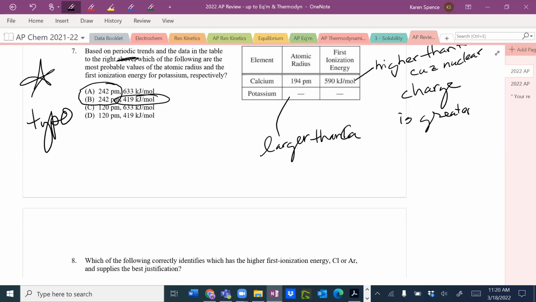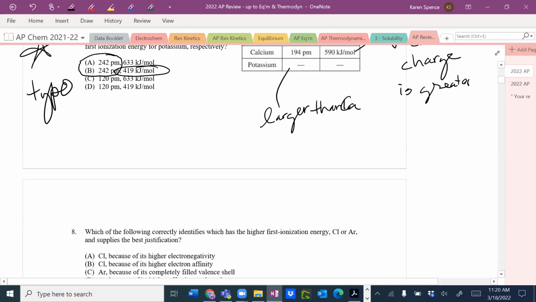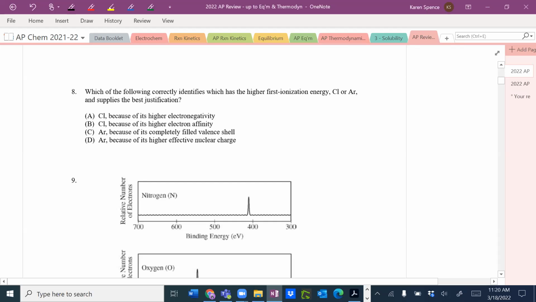All right, number 8. Which of the following correctly identifies which has the first higher ionization energy, chlorine or argon, and supplies the best justification? I'm immediately going to eliminate electronegativity because that has to do with the pull on bonding electrons.